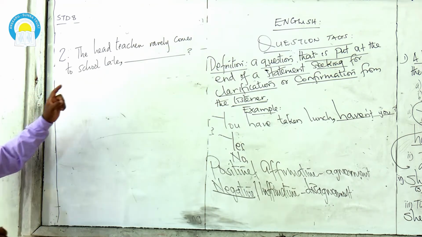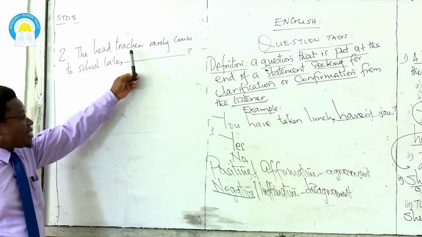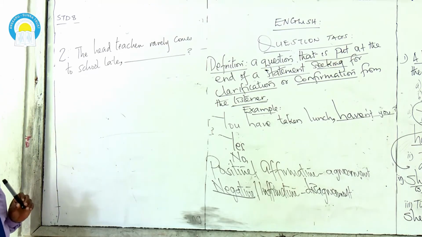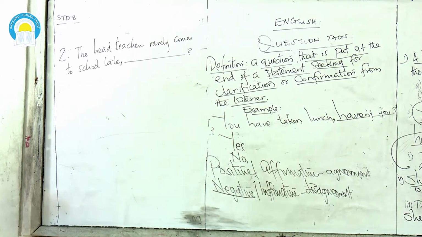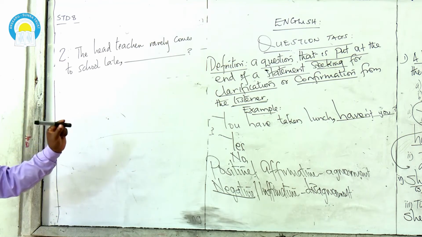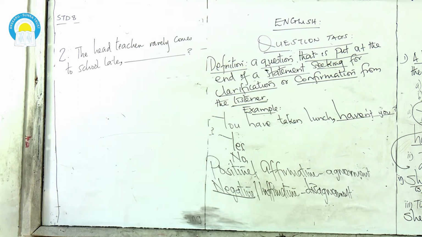When you keenly look at this sentence, there is no helping verb. Yet we have said that a helping verb in a statement corresponds to the helping verb in the question tag. Now, what are we supposed to do?